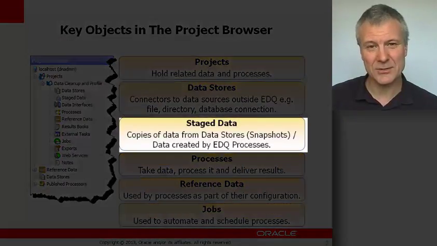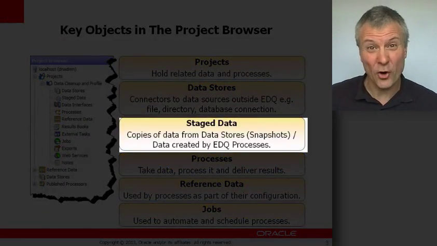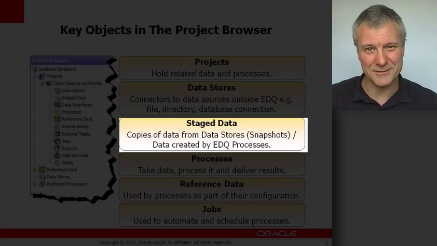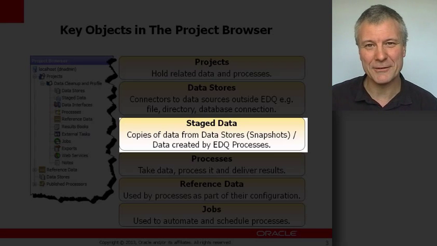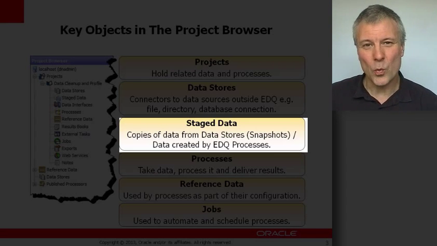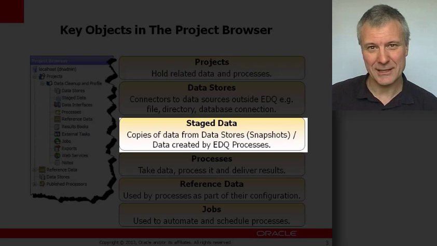Stage data. So stage data is data from one of those sources of data, a database or a table in a database, or a file or whatever, which has been copied into the EDQ repository. And that's known as creating a snapshot. So your snapshot is just a copy of the data from your file or database.